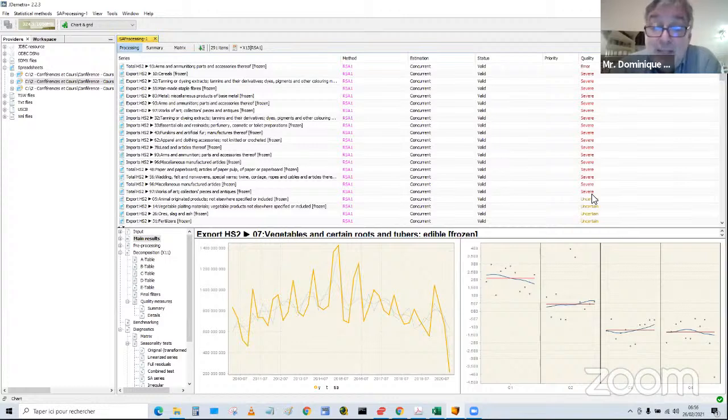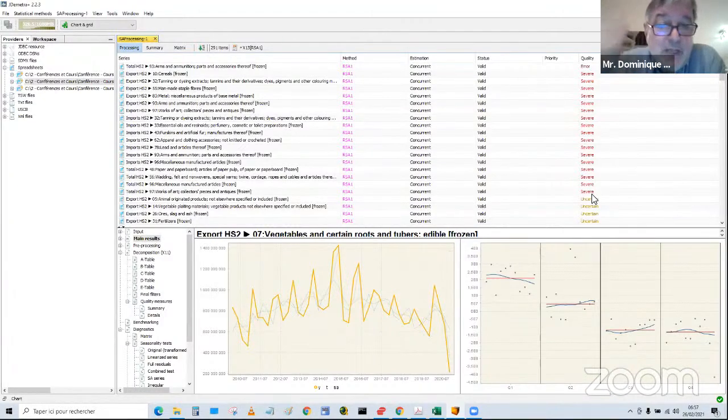So what does it mean? Severe is just an indicator. Beware, something is going wrong in the adjustment. Might be wrong. So it's not that it is wrong, it might be wrong. So pay attention. This is what it means. When you have good, it means that I do not detect anything specific in the adjustment. But it doesn't mean that it is good.